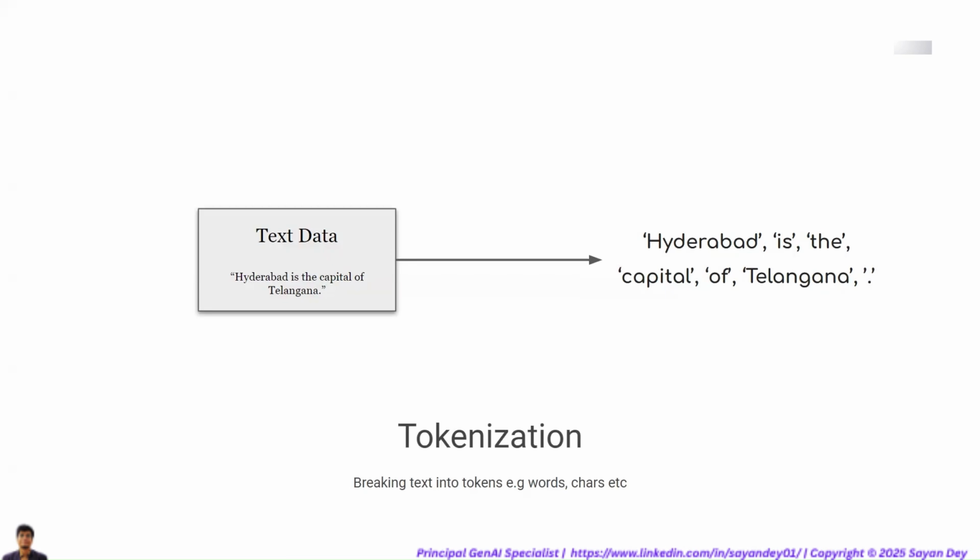We take that complete text and break it into tokens. And what are the tokens we have? Hyderabad, is, the, capital, of, Telangana. These are the 6 specific tokens that we have in the process.